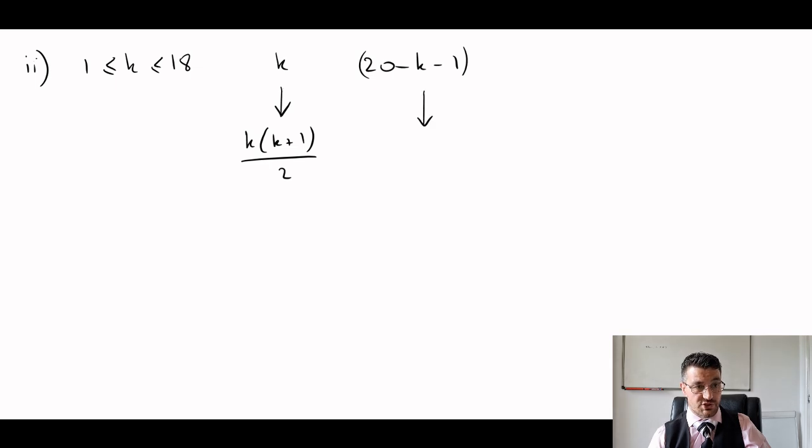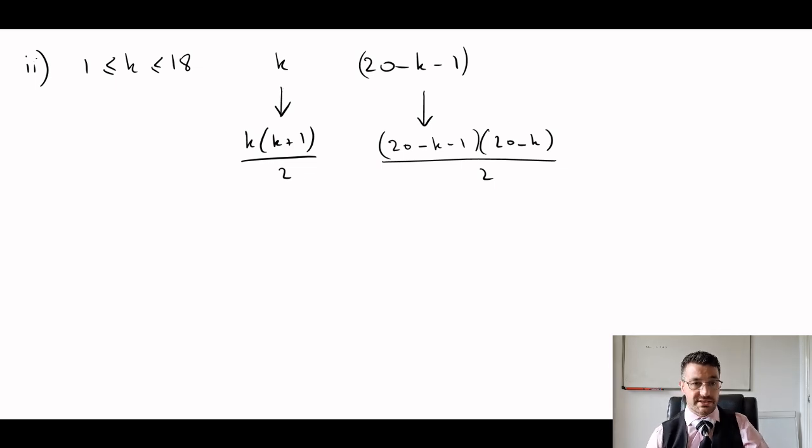And the (20 minus k minus 1)th when the teacher has stood behind (20 minus k minus 1) times (20 minus k) over 2. Okay, so the idea is that if the difference between these two numbers is a multiple of 10, then those sweets will be given to the same child.